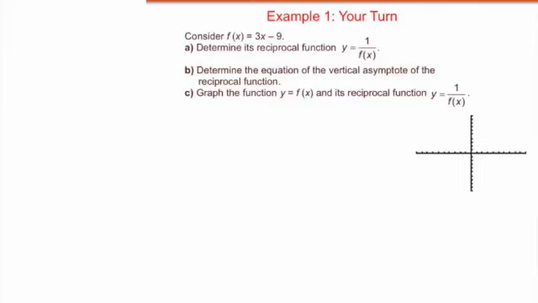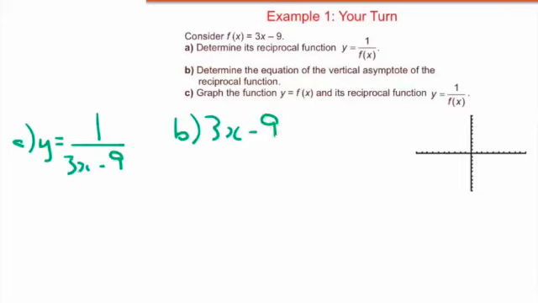So if we have f of x equals 3x minus 9, the reciprocal, 1 over 3x minus 9. Vertical asymptote, we'll take 3x minus 9, we'll make it equal to 0, solve that equation.